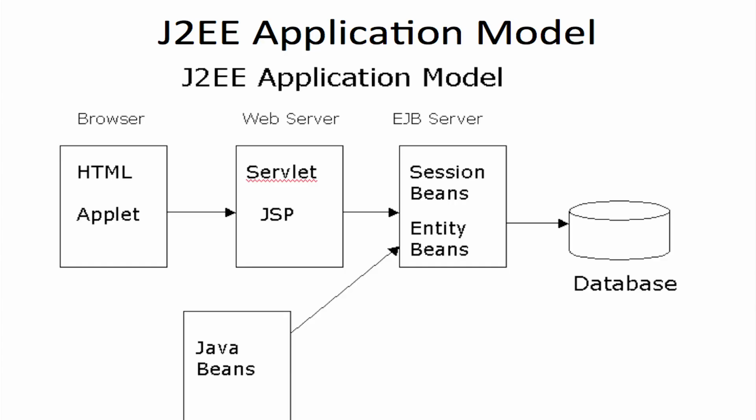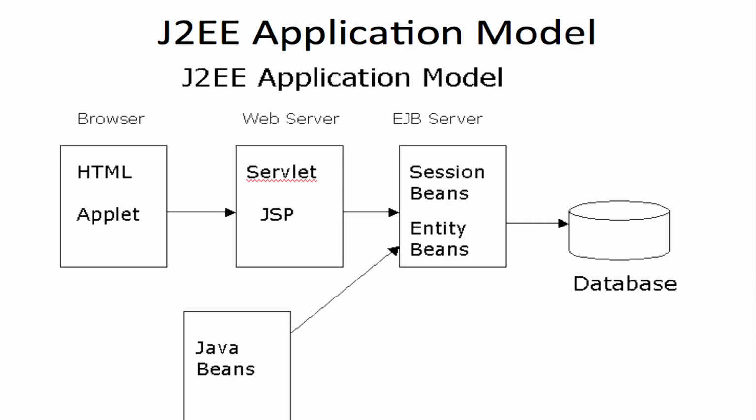Again, see this architecture. Browser means HTML, applet and JavaScript are client side. On the web server, which is another tier, we can use servlet and JSP. Then to provide security, we use one more tier here, the EJB server or EJB tier. This is Session Bean and Entity Bean.